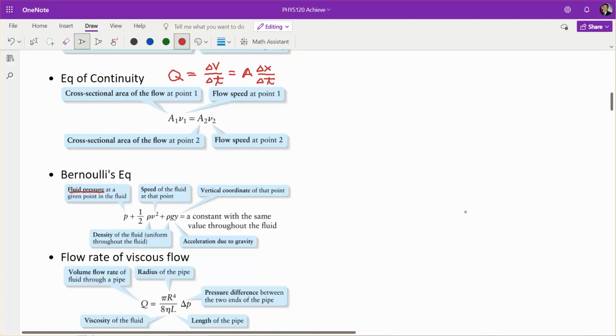So that's 1/2 rho v squared. And the third term is about the potential energy in terms of pressure. We replace the m by rho, and that will be rho g y. So these three things added together will be a constant. That is what we call the Bernoulli equation.